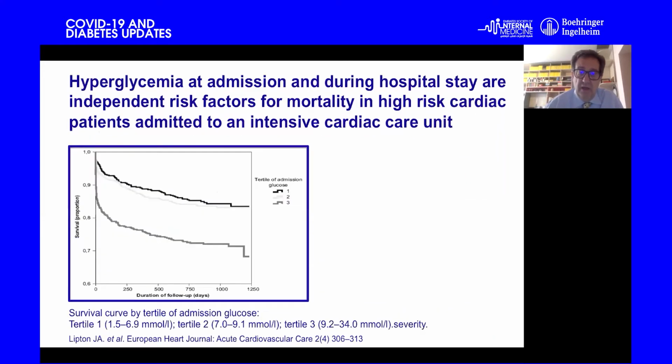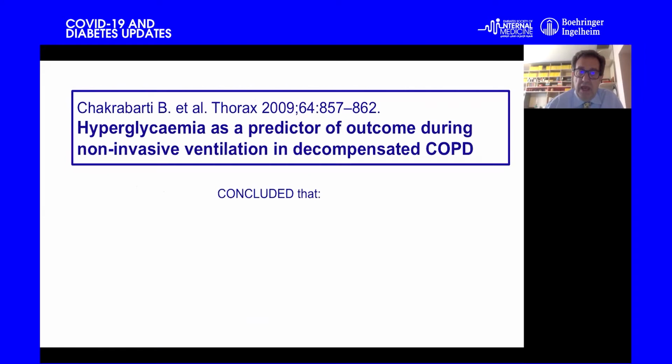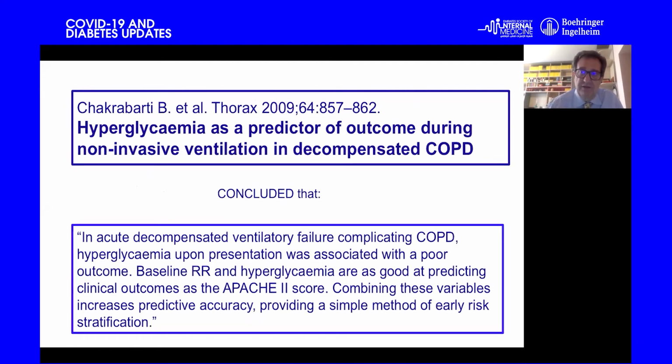As well, it was already known that the level of glycemia, meaning high level of glycemia, hyperglycemia, is worsening the prognosis during the admission to an intensive care unit in people with or without diabetes. And particularly, this is also true for people affected by chronic obstructive pulmonary disease, which we know is one of the main complications of COVID-19.